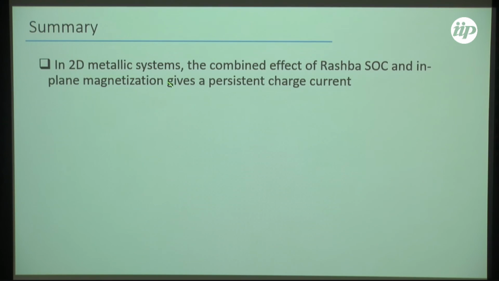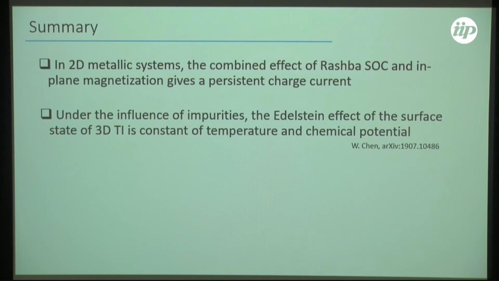Now this brings me to the end of my talk. First is a prediction that in two-dimensional metallic systems that have Rashba interactions, this kind of in-plane magnetization can give you a persistent current. Secondly, under the influence of impurities, the Edelstein effect of the surface state is actually constant with chemical potential and temperature.